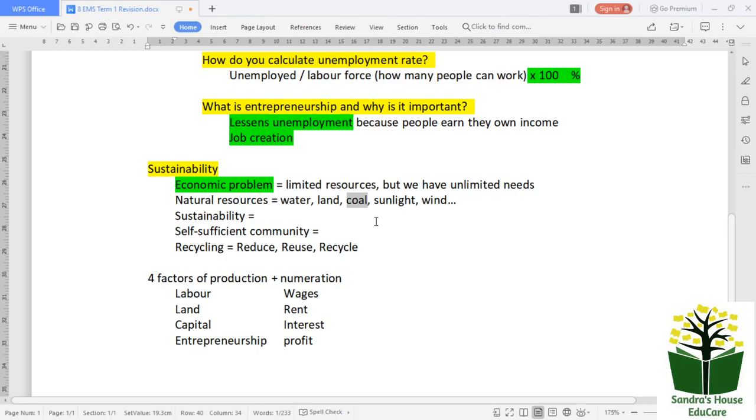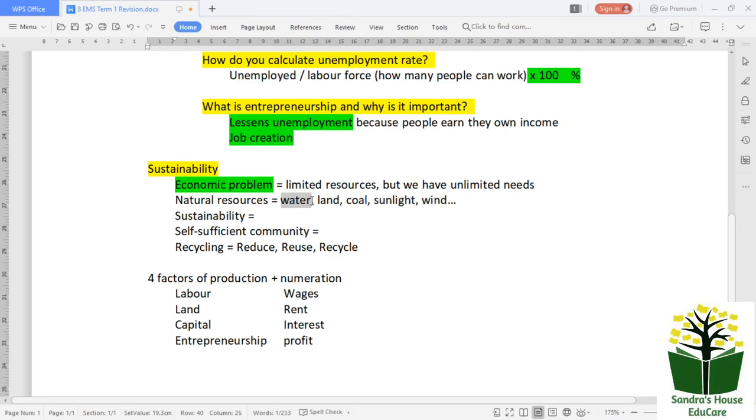So what we need to do to solve the economic problem is to look more at things like sunlight and wind that are renewable, that are not limited. That is the best way to solve the economic problem.